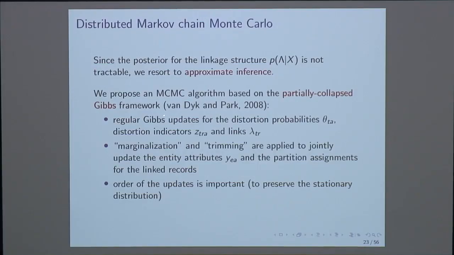The actual order of these is really important, otherwise the stationary distribution is not preserved. One thing I'd like to point out is that the vanilla PCG framework of Van Dyk and Park from 2008 is very inefficient here, so we had to do a little bit of playing around in order to find something quite efficient.